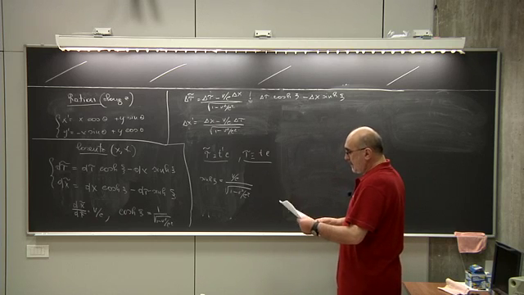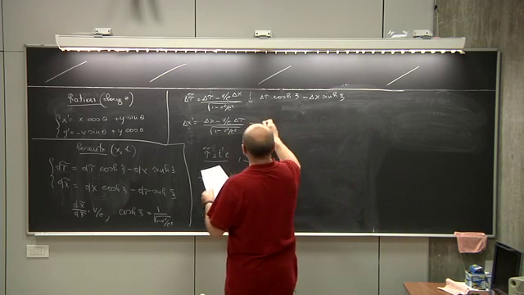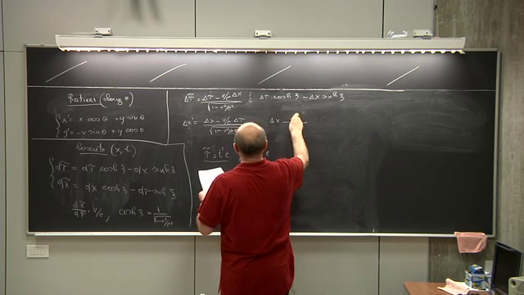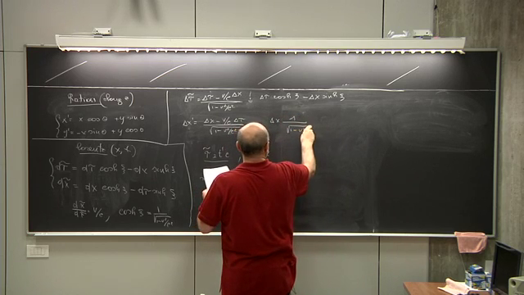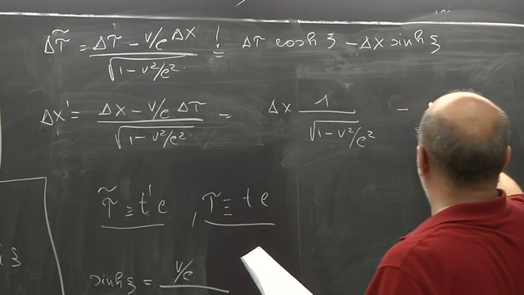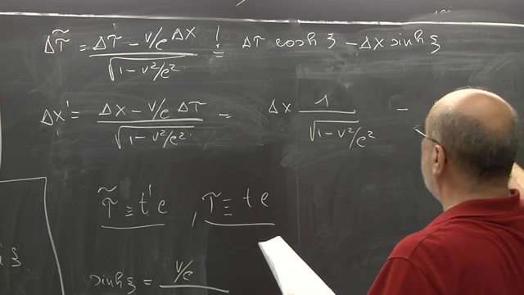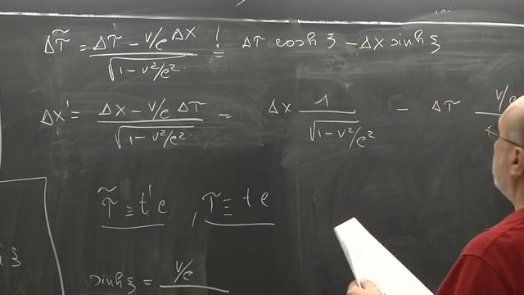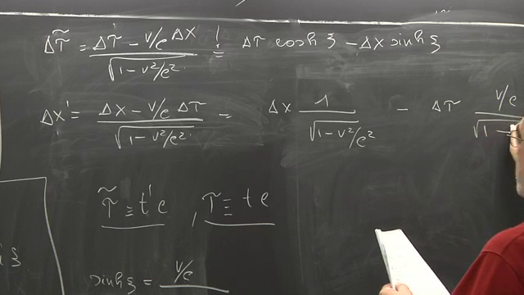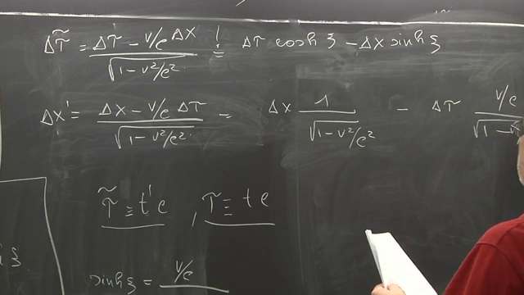Now let's see this one. This one is delta x times 1 minus v square over c square minus delta tau v over c times 1 minus v square over c square.